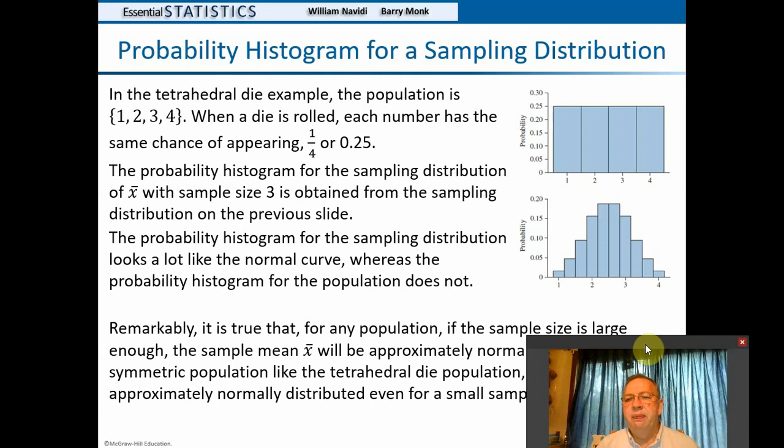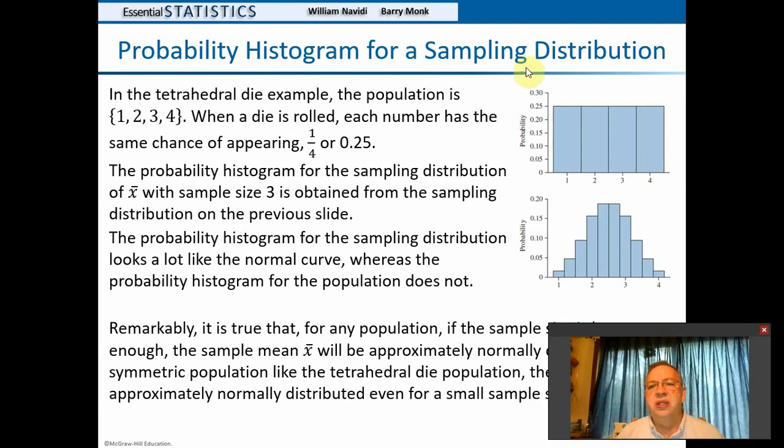If we go back and build a histogram from that frequency distribution, looking at each individual number, each would be just 1/4. I've got 4 numbers possible: 1, 2, 3, 4. There's the 0.25, each one equally likely.